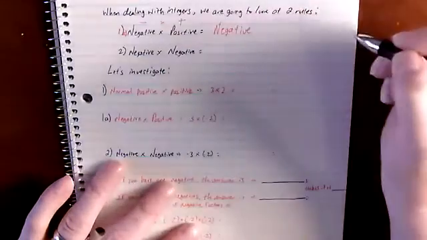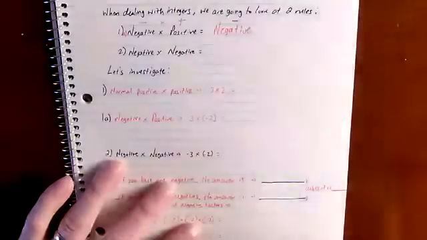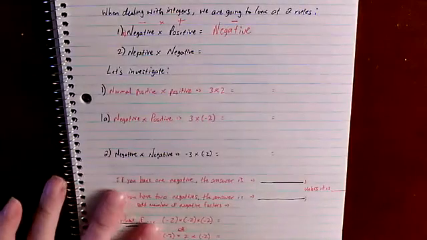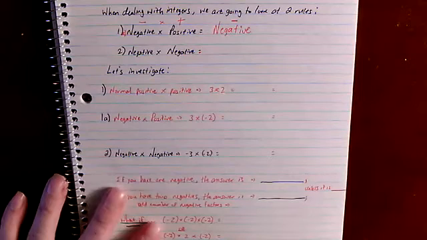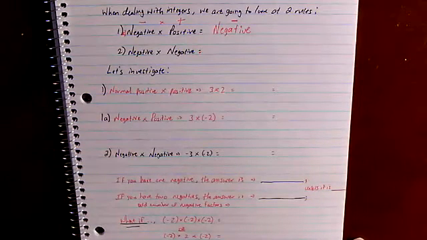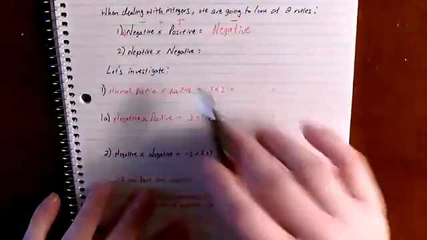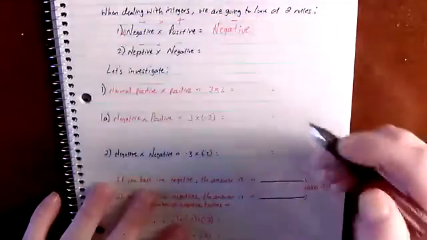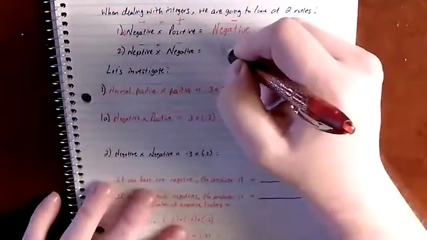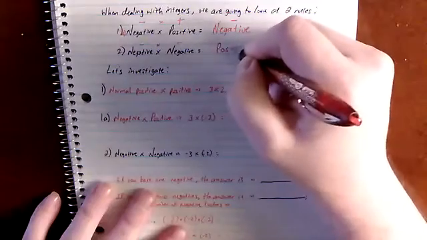So you have a negative, you multiply it by a positive, and it's always going to give you a negative answer. Now, rule number two: I have two negatives. What happens when I multiply a negative times a negative? Great question. When I multiply a negative times a negative, I actually get a positive.